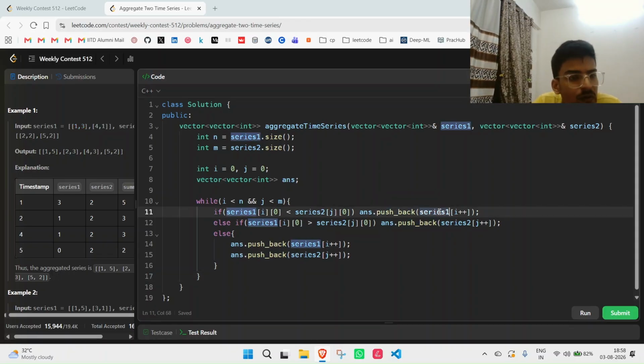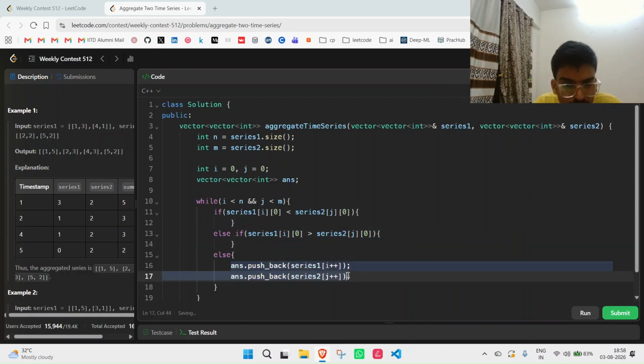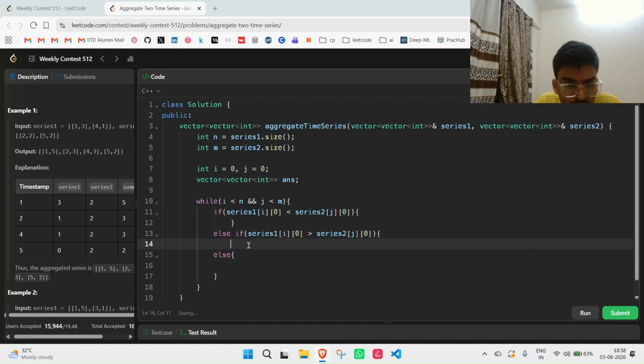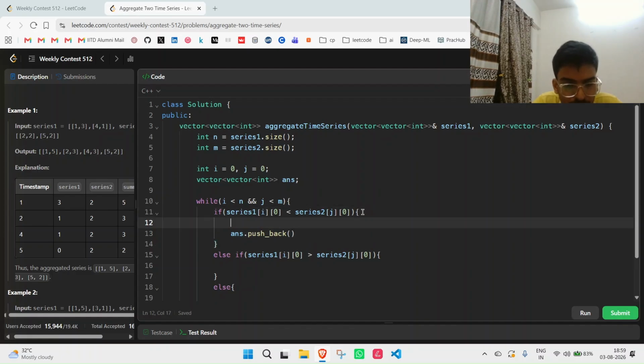We have to push a vector of int to push.